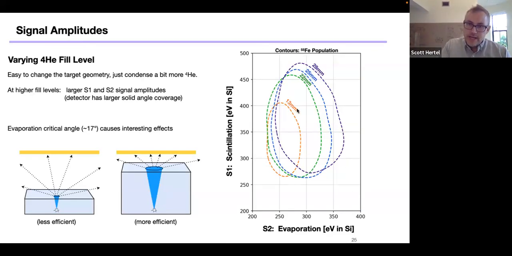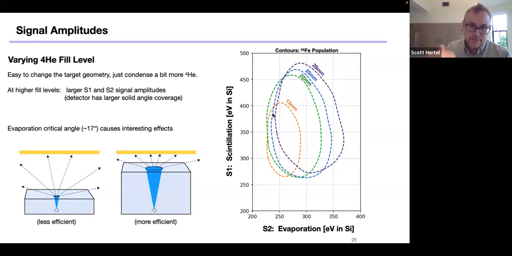This is that same plane, but now we're varying the fill height of the helium. So you can see that for the smallest iron signals from the bottom of the cell, filling different fill levels doesn't really change the scintillation. You always get roughly this 260 eV. But the bottom of the detector for evaporation does change.